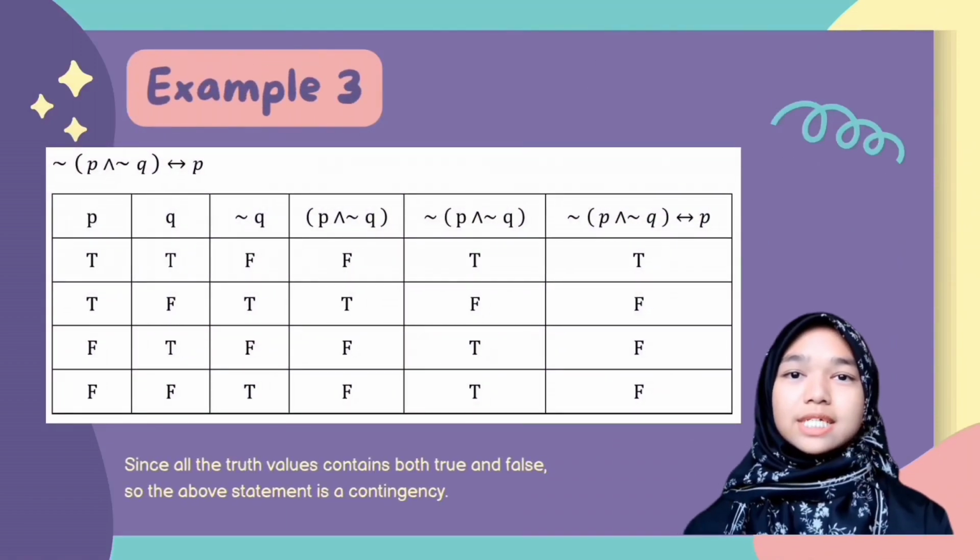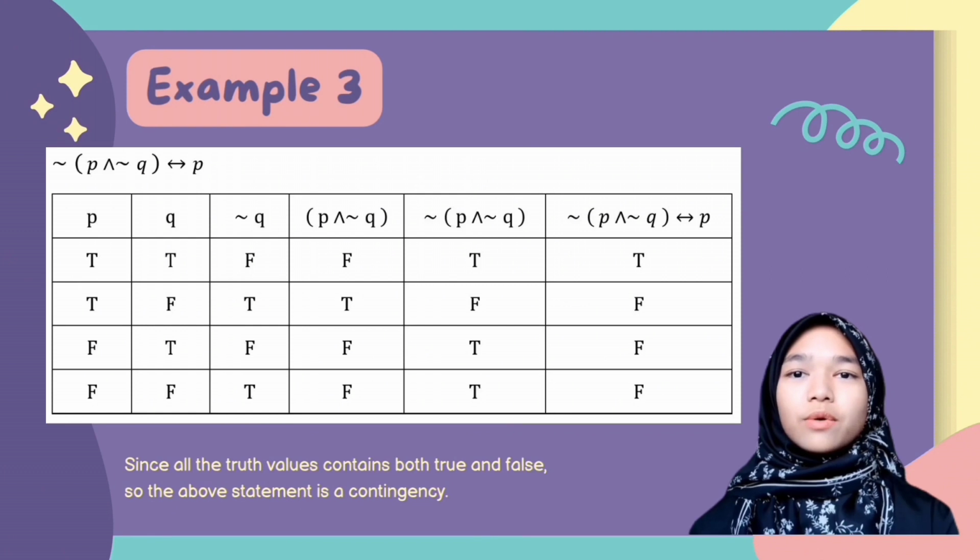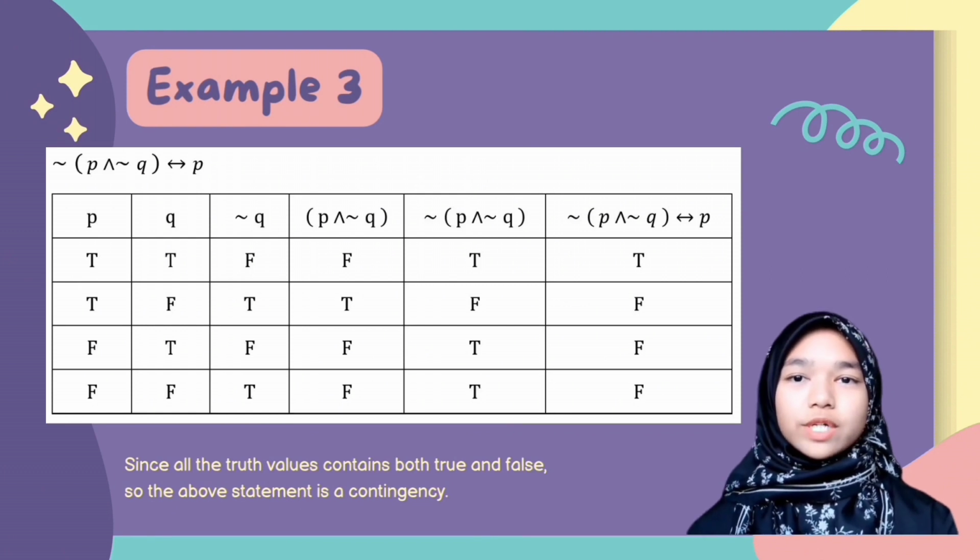Next, we will see example 3. So here, we have to construct the truth table for the equation negation of in bracket P and negation of Q biconditional with P to determine whether it is tautology, contradiction or contingency. The first and second column is for our main proposition, which is P and Q. Then we put our symbols, which is negation of Q, P and negation of Q, negation for the P and negation of Q. And the last column is for our original equation.